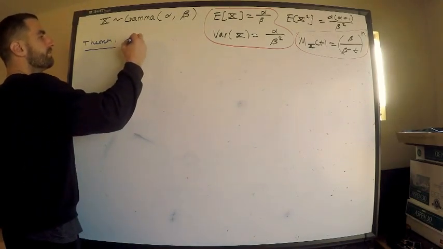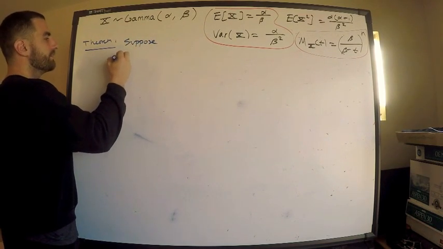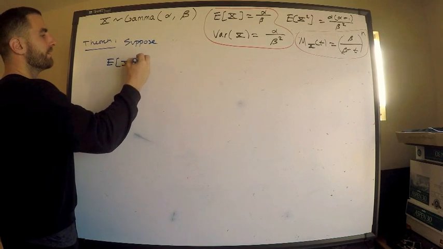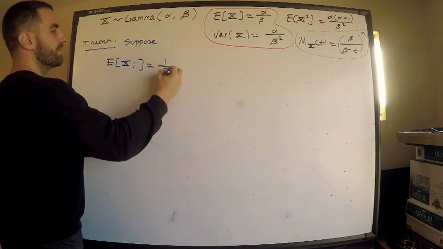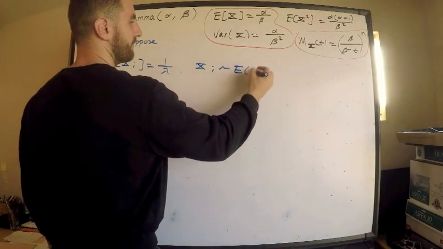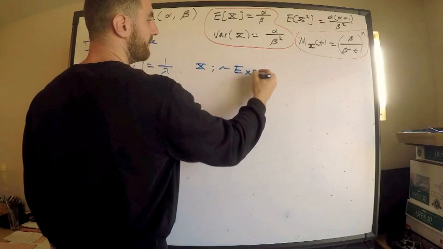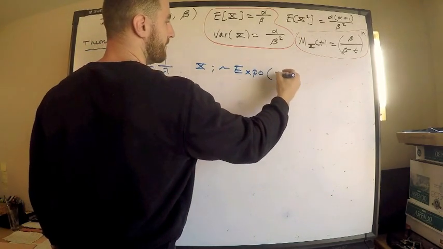Suppose that the expected value of Xi is equal to 1 over lambda, where Xi is distributed exponential. So each Xi is an exponential random variable.